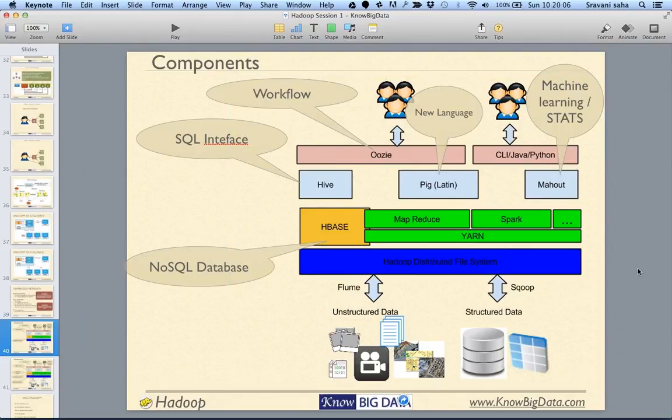Now, in any project, let me explain to you. Flume and Sqoop both are tools. Okay, all of these are actually tools. These are basically for importing and exporting data from traditional sources. Now imagine this. You are building a great movie recommendation system. So first, what are you going to do?